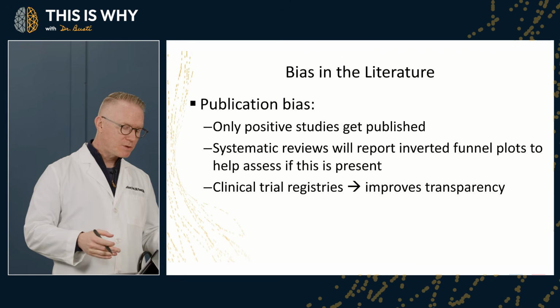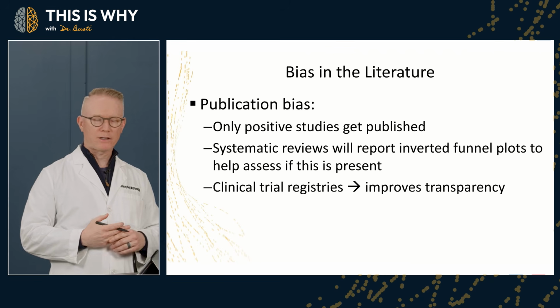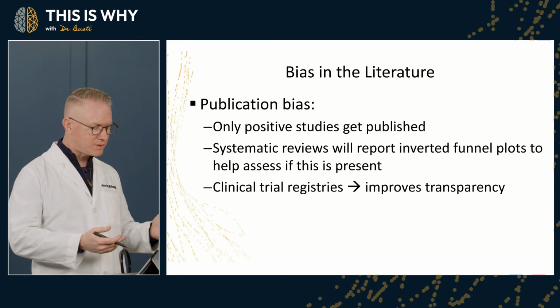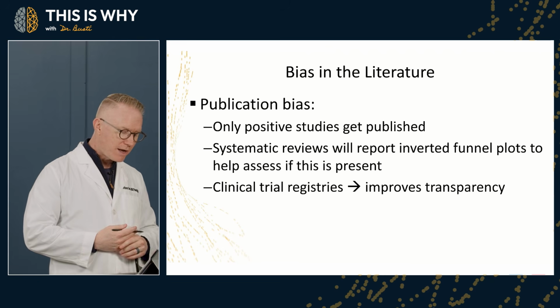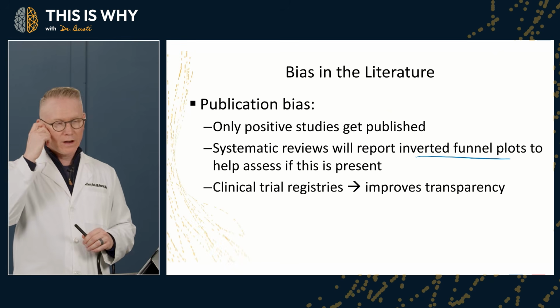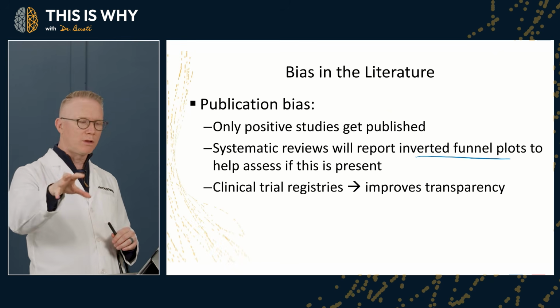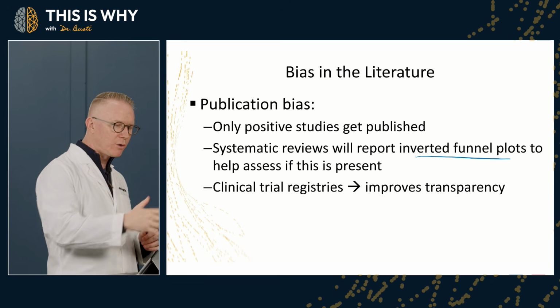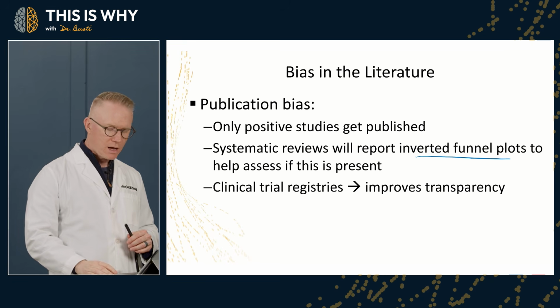So many times we see publication bias. I talked about that earlier, because only positive studies get published. And so there are ways to detect that. Inverted funnel plots are very helpful in seeing that visual of the distribution of only positive looking papers.